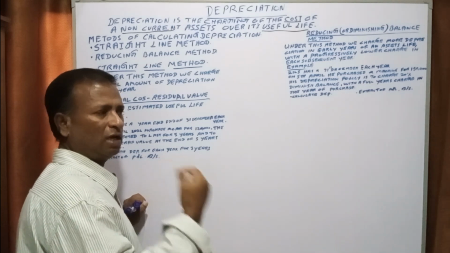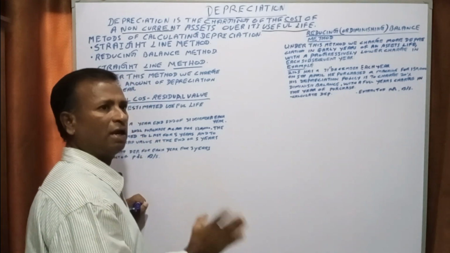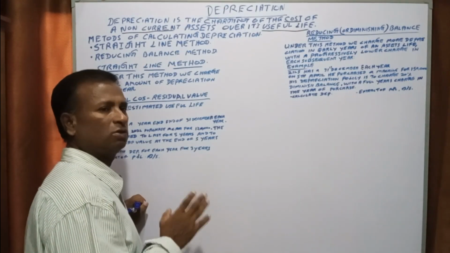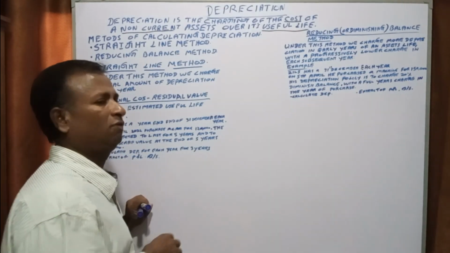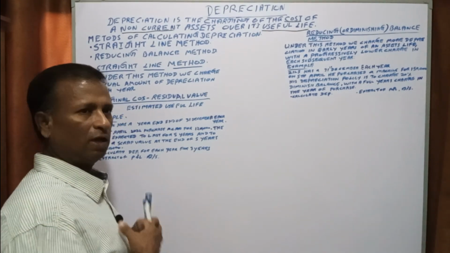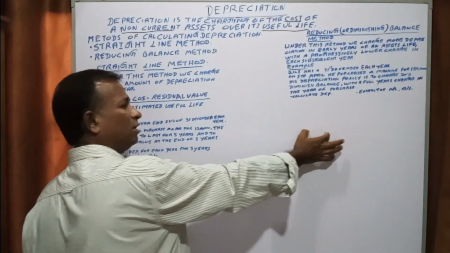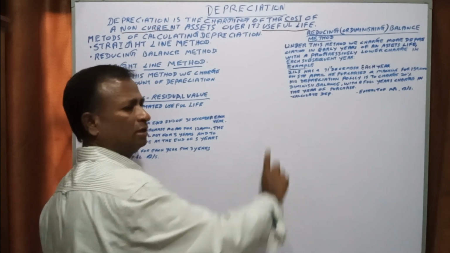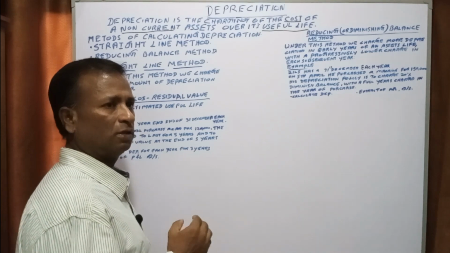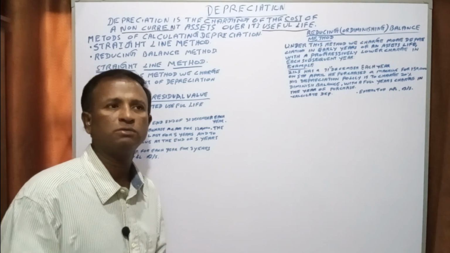Once you have purchased and used it for 1 or 2 days, you cannot sell it at the cost you have paid. It will have a low price because we have used it. Its useful lifespan will come down by the time we have used. Understand?